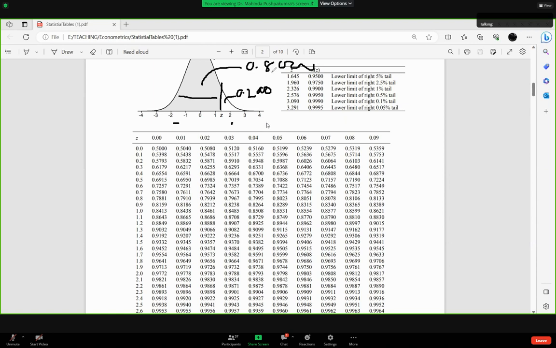Then if you search for 0.800, you can see the nearest value is here, 0.80.